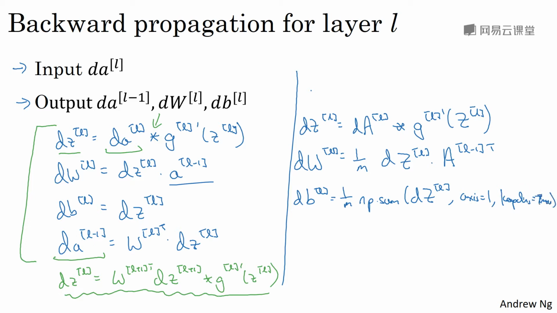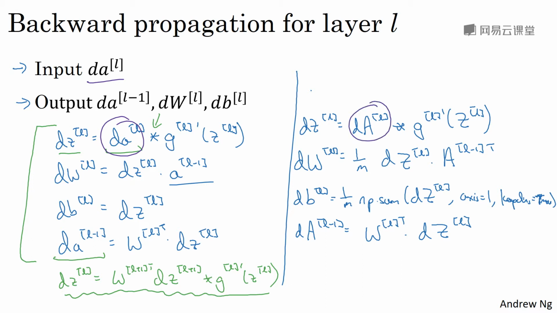We talked about the use of np.sum in the previous week to compute db. And then finally, dA[L-1] is W[L] transpose times dZ[L]. So this allows you to input this quantity, dA, over here, and output dW[L], db[L], the derivatives you need, as well as dA[L-1], as follows. So that's how you implement the backward function.